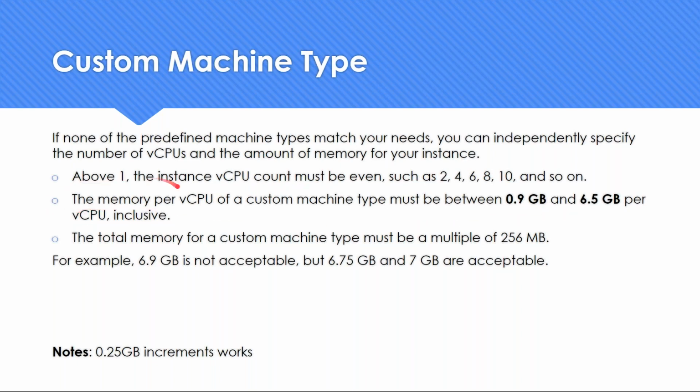This formula is a little hectic. The simple formula I can give you is that vCPU should be either one or an even number. Simple to remember. Nothing from the exam perspective, folks. This is only when you're doing some design, so you want to recollect this. And the memory should be in 0.25 GB increments.